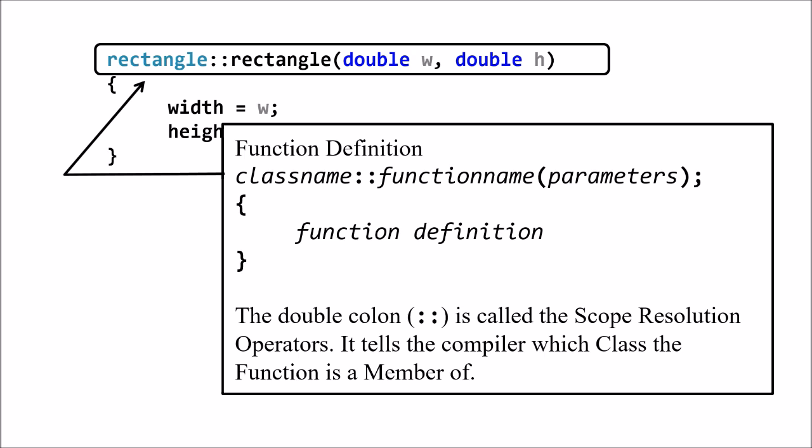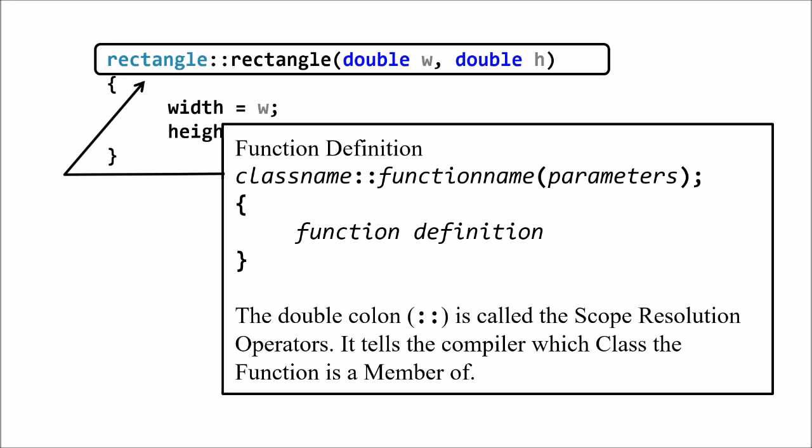The class name is rectangle. The double colon operator is called the scope resolution operator. It tells the compiler that the function named rectangle is a part of the class named rectangle. Seems a bit redundant in this case, but that's the format that is followed with this function definition and with all of the other function definitions that will follow.